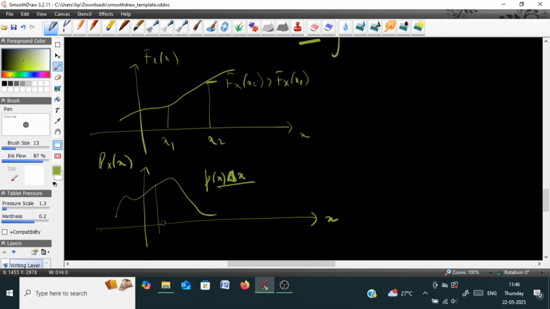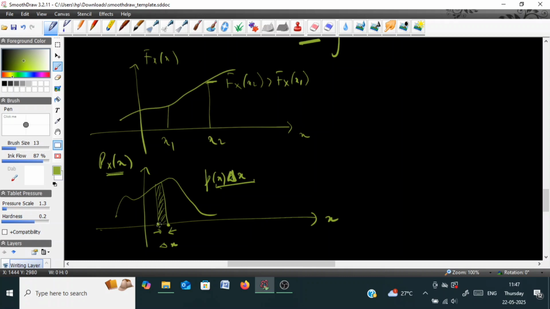Okay, so if I take a small portion, if this is delta x and this is x, so p_X(x) delta x basically represents the probability of getting the random variable X between x and x plus delta x over this interval. So the absolute probability of the random variable at a particular x is 0.